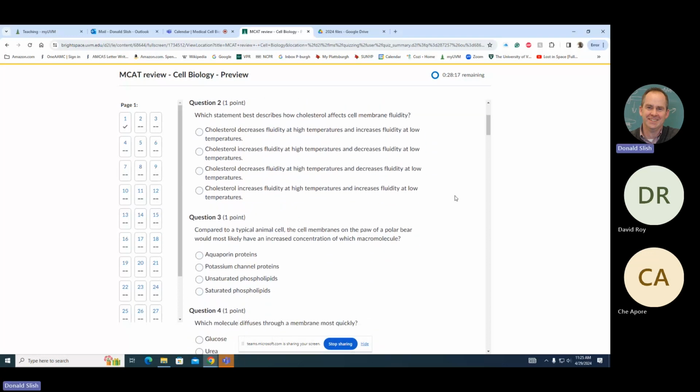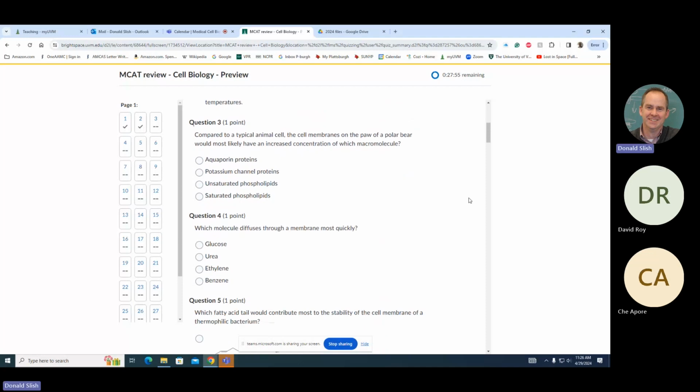Which statement best describes how cholesterol affects membrane fluidity? I always say it acts like antifreeze, right? So it's going to decrease fluidity at a high temperature and increase it at low temperature.